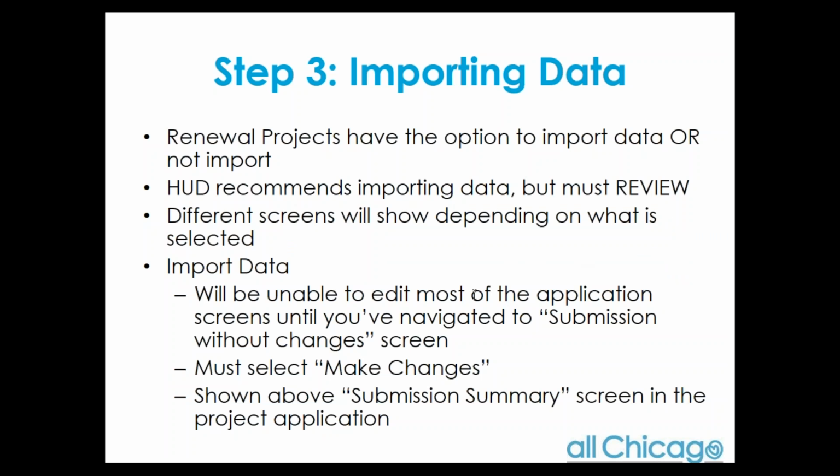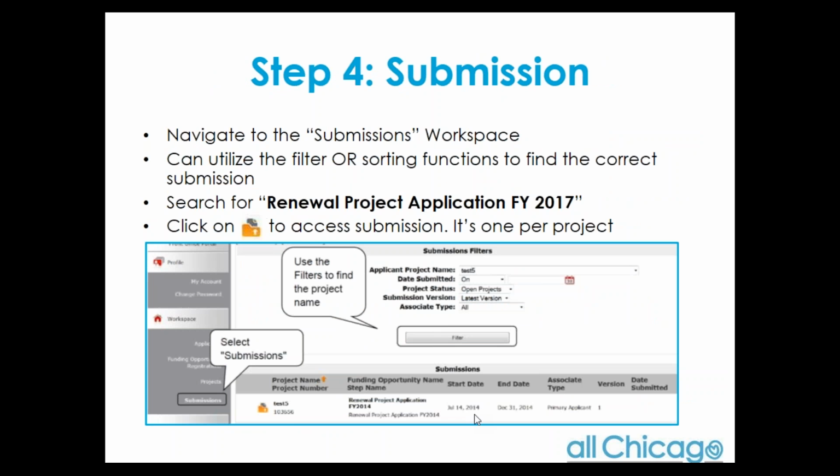Great. So I'm just going to wrap up the 4 steps that we outlined. After you get through step 3, you will go to step 4, which is the submission. This is, again, navigating to the submissions workspace on the left-hand side of your menu. And you can utilize the filter or sorting functions to find the correct submission again.